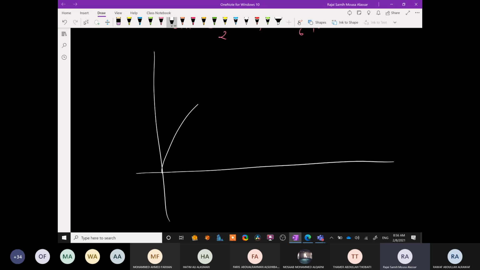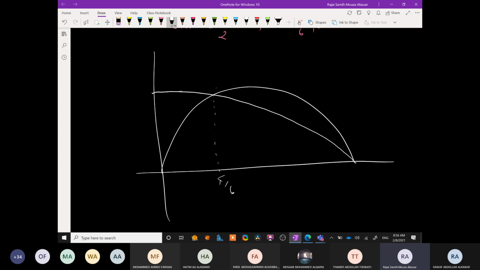Okay, so this is the cosine, and this turned out to be pi over 6.